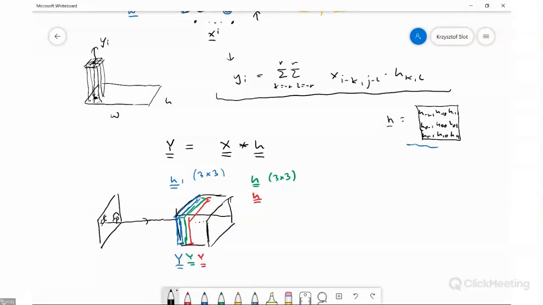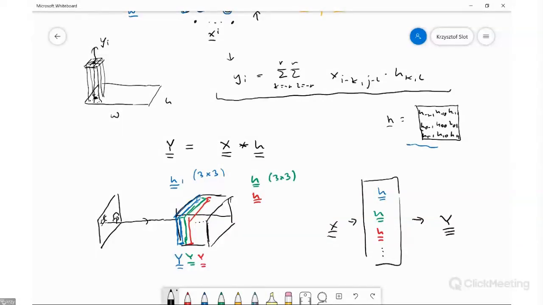The application of this whole stack of filters, blue filter and green filter and red filter and more, to the input image will produce a kind of three-dimensional array of outputs.